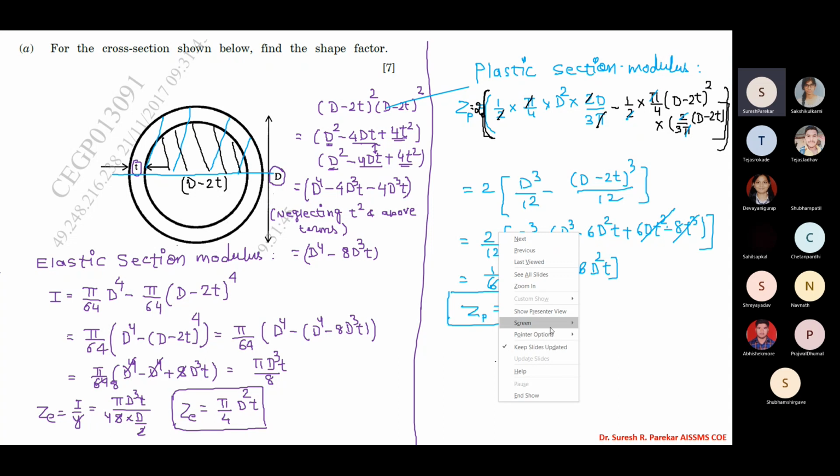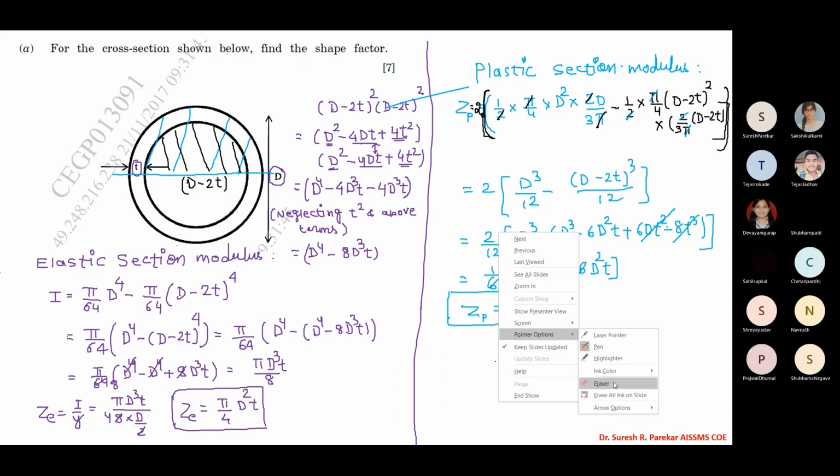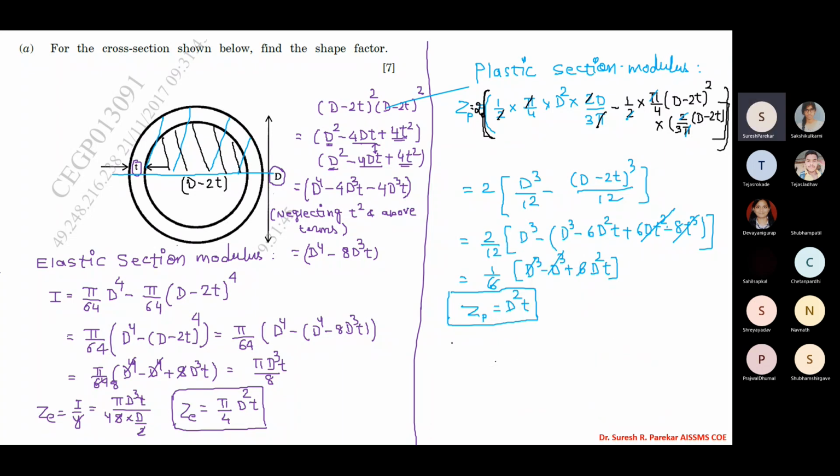And we have shape factor S equal to ZP by ZE, d square t divided by pi by 4 d square t.